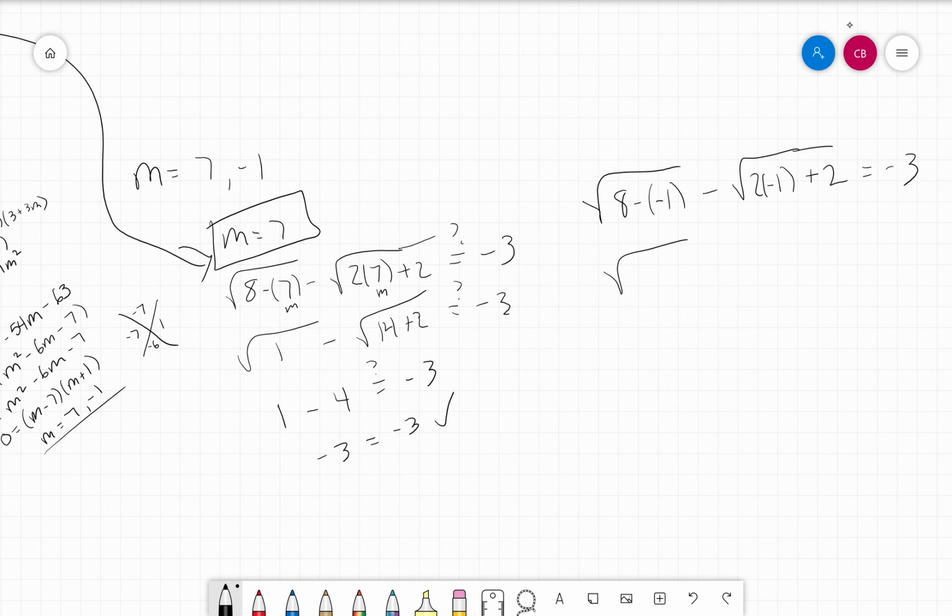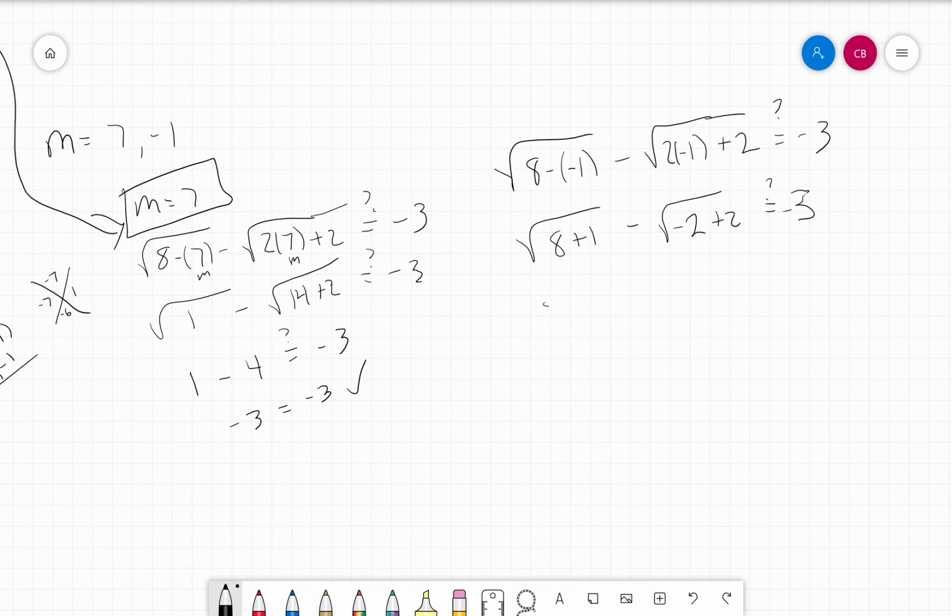So this is the square root of 8 plus 1, question mark, minus the square root of negative 2 plus 2 is negative 3, which is square root of 9 minus square root of 0 is negative 3. And this is 3 minus 0 equals negative 3, which is bad.